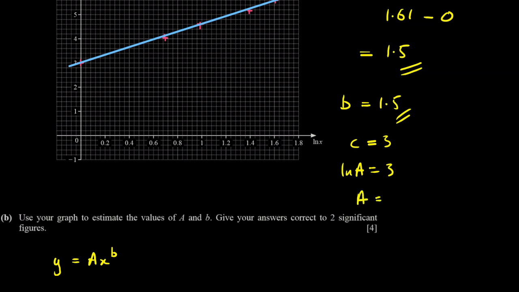Therefore, a is equal to e to the power of 3. And e to the power of 3, if I just put it in my calculator, is equal to 20.08. I don't know, 20.1 or maybe 20 is fine.